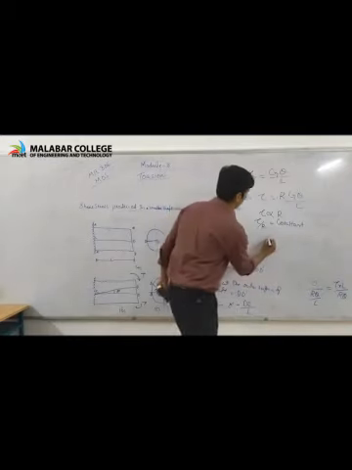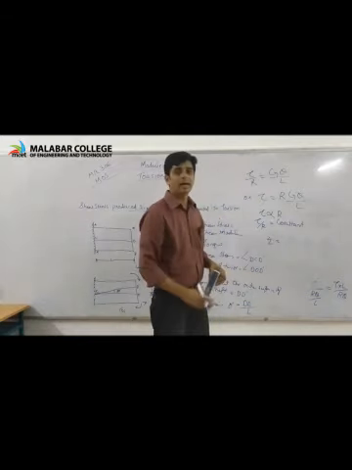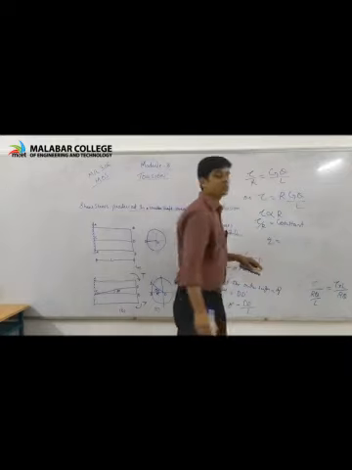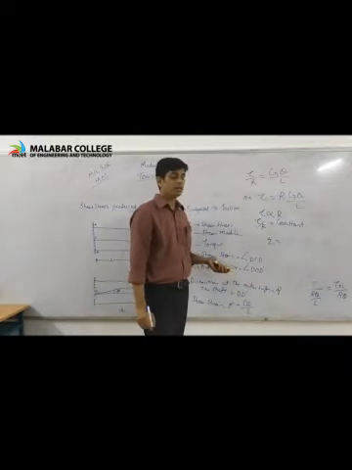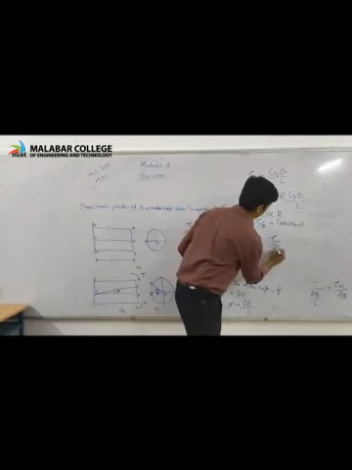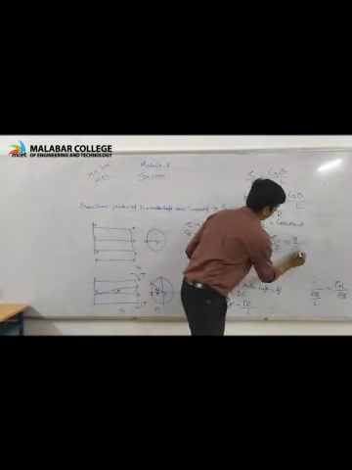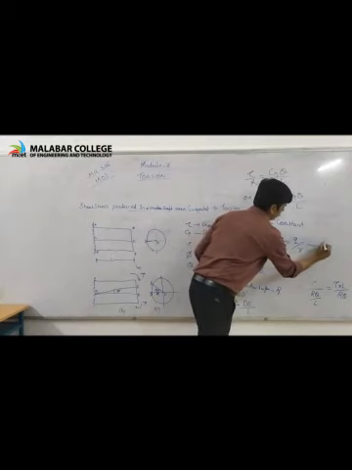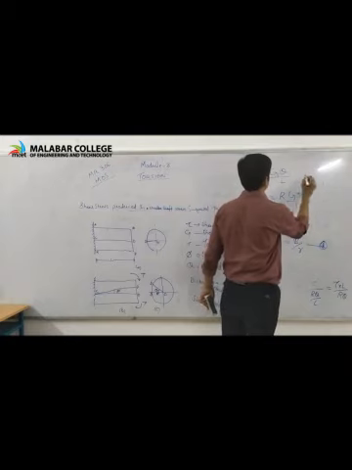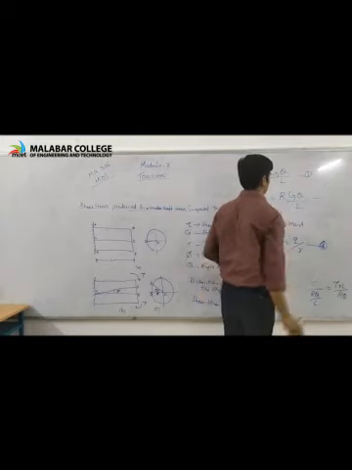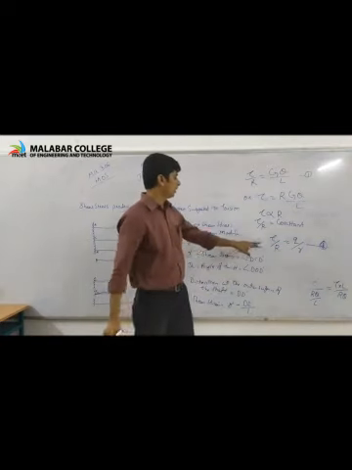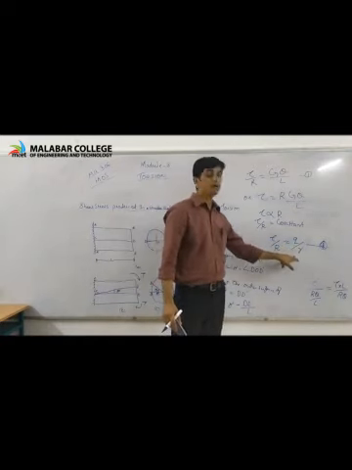Now if small q is the shear stress at a radius small r, then we can write tau by R is equal to q by r.